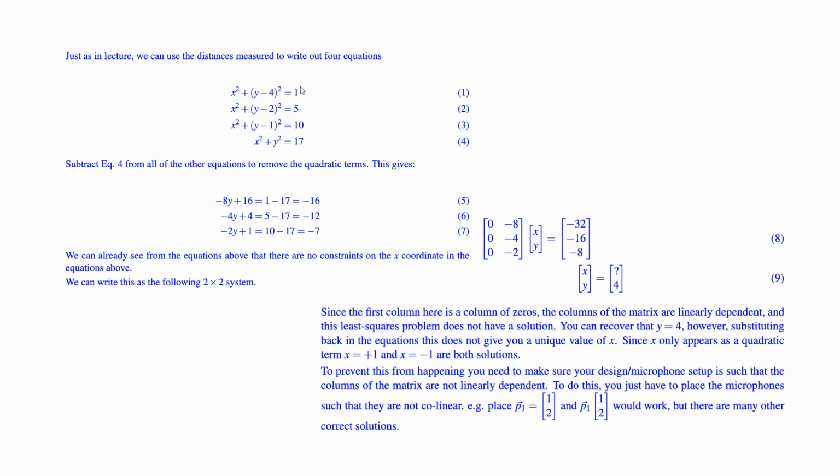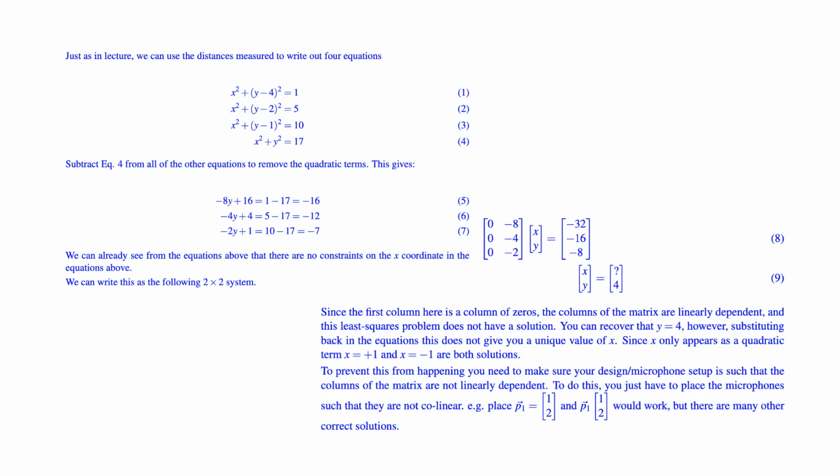Okay. And then from there, once we get all our equations, we end up subtracting them to give us 3 linear equations. When we write it in matrix-vector form, we end up getting this kind of system where we have this column of zeros. This should tell you at first glance that something's off. You might think, oh, linearly dependent columns, because we got a column of zeros.